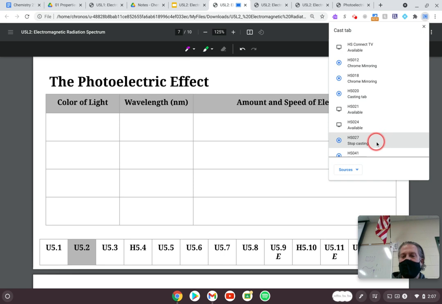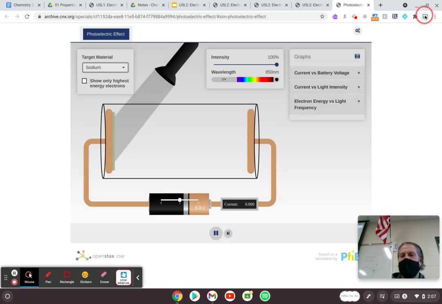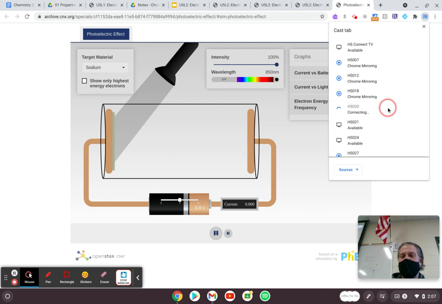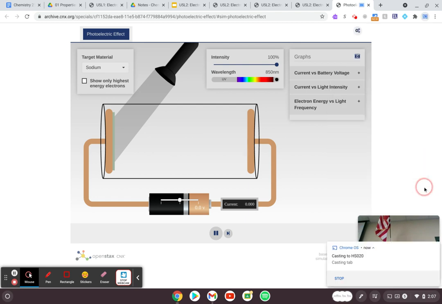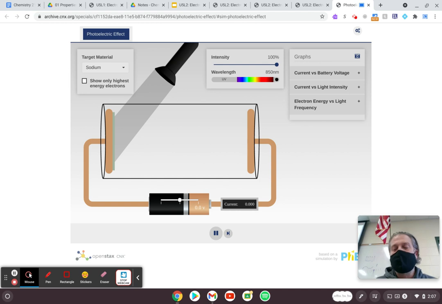So here is the photoelectric effect simulator. It is a device that has the ability to measure current.